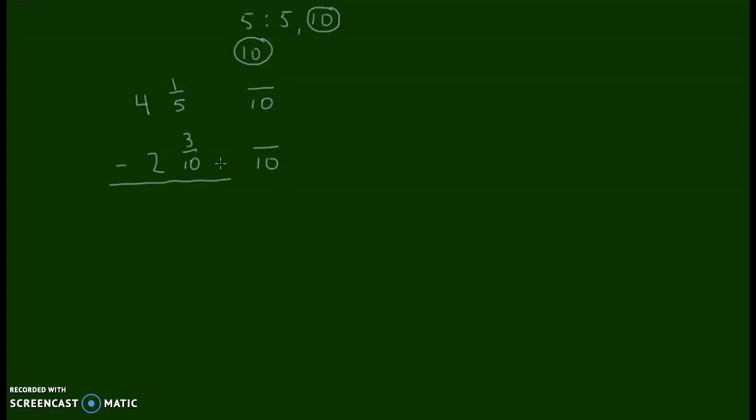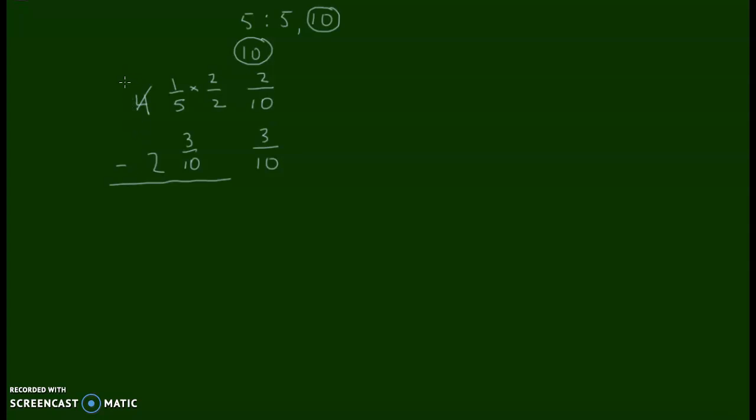I'm going to start at the bottom this time because since we have 10 and 10, we can just move our 3 over. For our top here, 5 times 2 is 10. So if I do 5 times 2 is 10, I have to do 1 times 2 is 2. Now I have 2/10 subtract 3/10. Well, I can't do 2/10 subtract 3/10 without having a negative number.